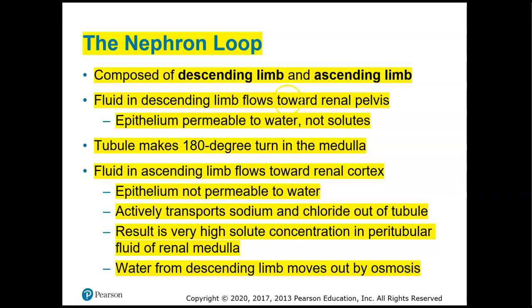As you go down, you're getting more and more concentrated because water is leaving the tubule. Now as you go up, water doesn't leave, but sodium and chloride do, so you get less and less concentrated as you go up the ascending limb. So the result is a very high solute concentration in the peritubular fluid of the renal medulla.